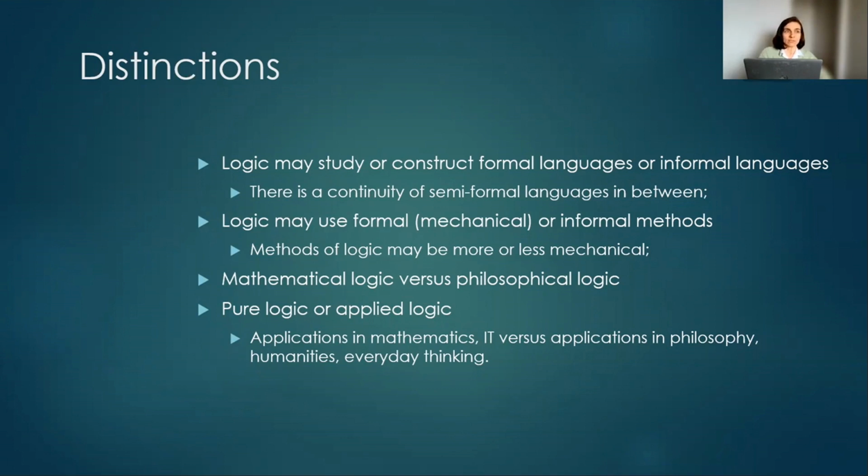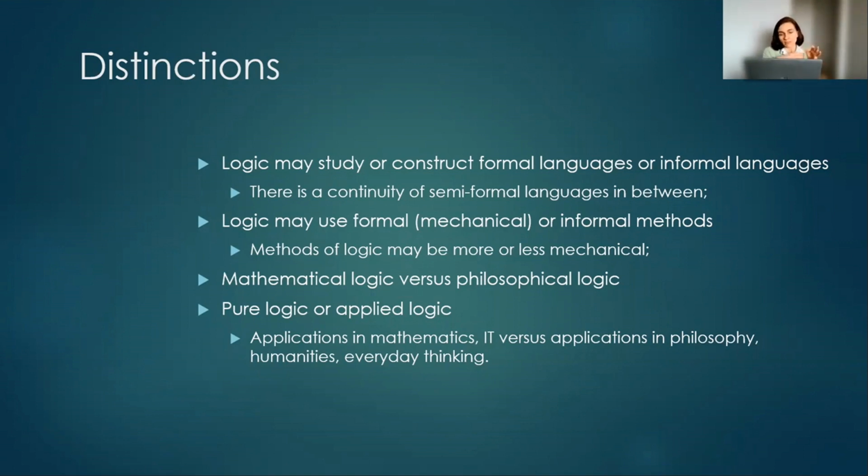And this mechanization was also important because this is what machines could do, so mechanize our thinking. But it is something different from different languages. Mechanization of reasoning is something different than various stages of formality of our language. So this is another distinction.